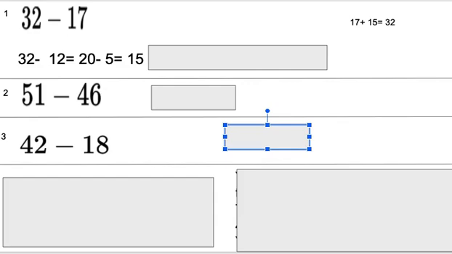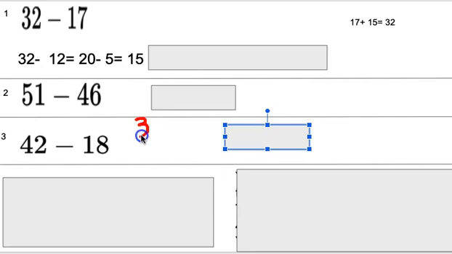So what did I do wrong? Oh, I know what I did wrong. I thought that I was just taking away 10 from it and I got 40 and it goes down to 30. No, can't do that. You have to keep with the whole number. So if we're taking away 10 from 42, it's got to be 32.